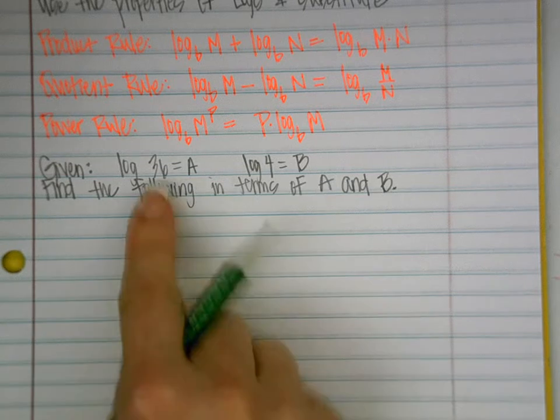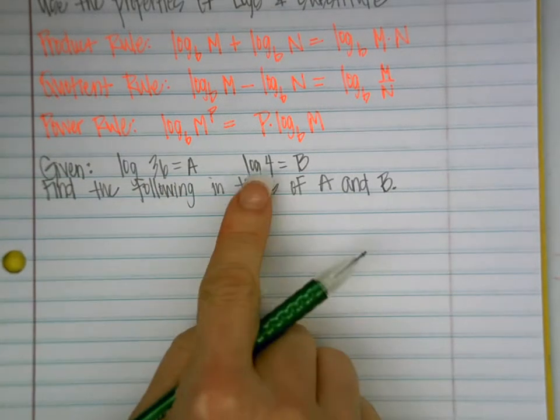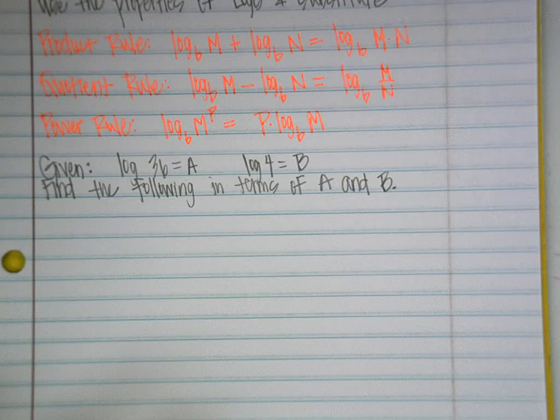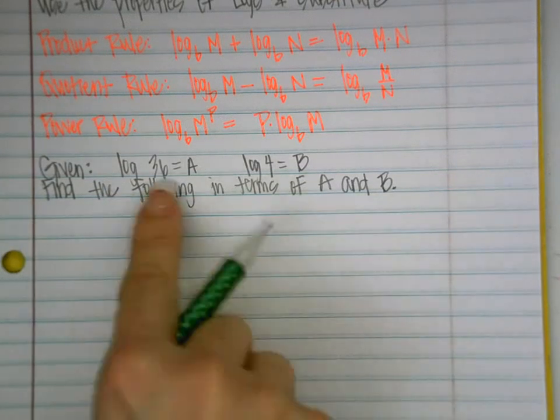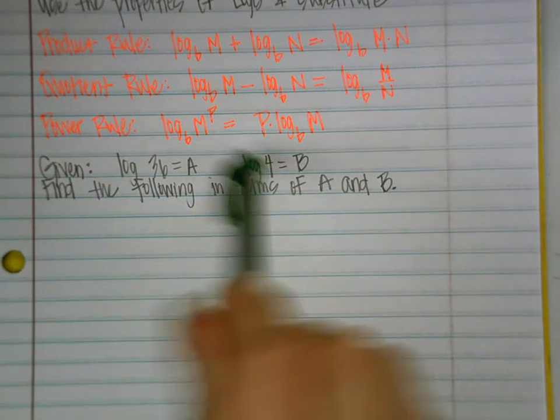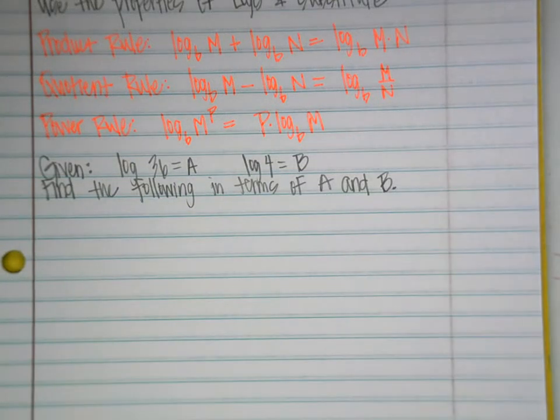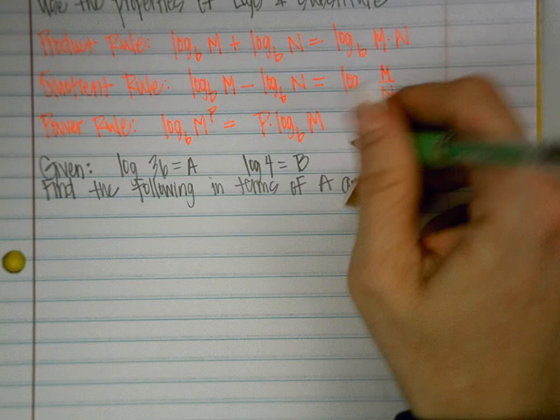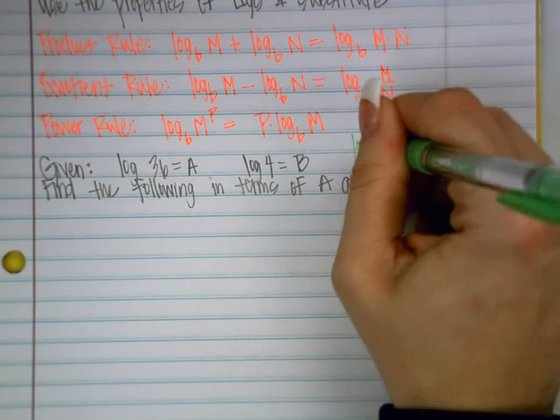Now, even though I gave you log 36 equals a and log 4 equals b, are there any other log facts with this same base that you already know that I didn't write down? What's the base that's on these two? Base 10. Do you know any other logs of base 10 memorized? Like log base 10 of 10 maybe? You already know log 10, right?